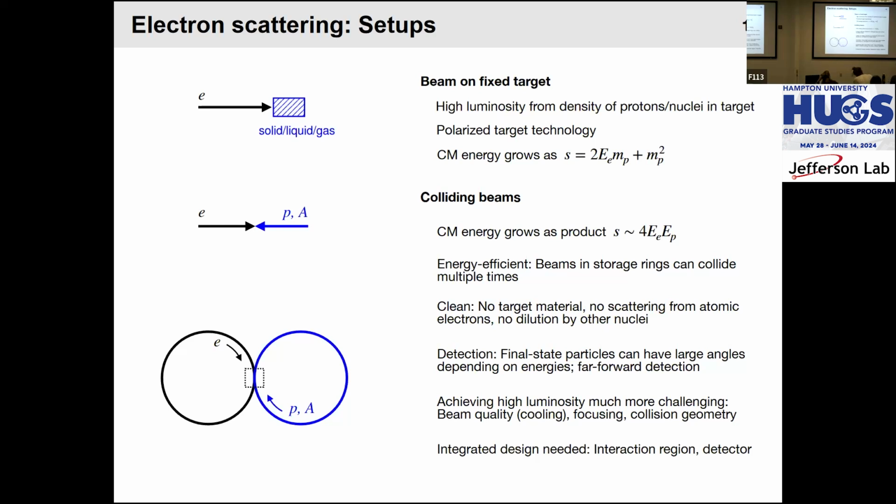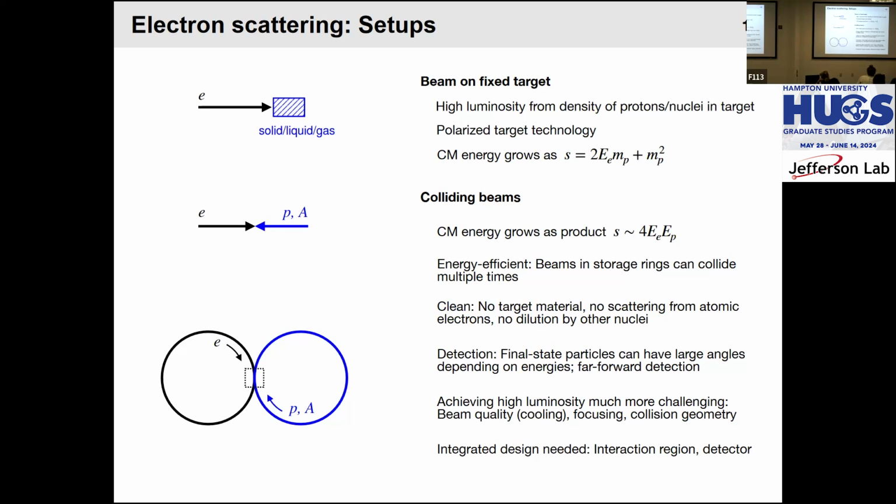This means we collide an electron beam with a proton or ion beam, and both beams have multi-GeV energies and are ultra-relativistic. In this case, the center of mass energy grows as the product of the beam energies. That gains us one power, and it's much easier to realize higher center of mass energies.